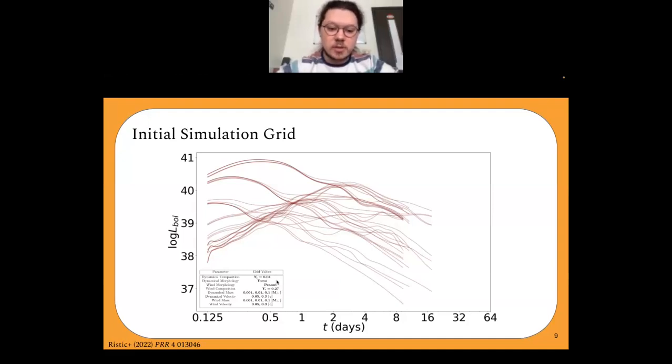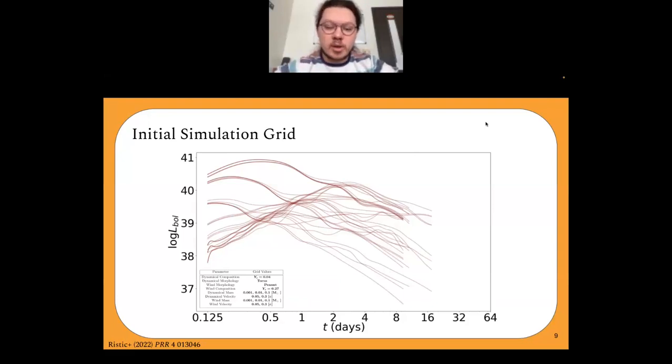Our dynamical ejecta is much more neutron rich than our wind ejecta. And the morphologies are torus and peanut, as I explained. The 36 different simulations come from varying the mass and the velocity of each component, where the masses were spread out between 1/1000th and 1/10th, and the velocities had lower and upper limits of 0.05 and 0.3 times the speed of light. And the masses are in units of solar masses again.